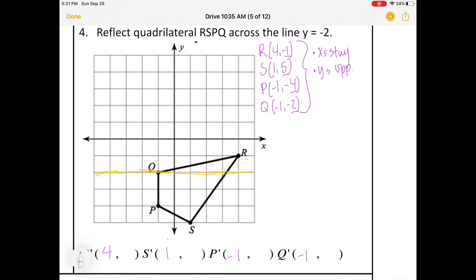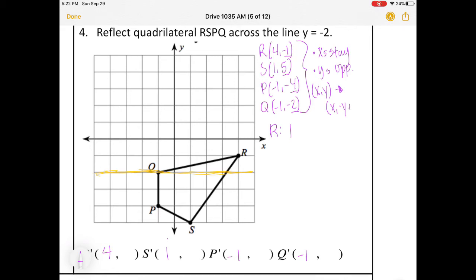Now we want to look at our y values, so here, here, here, and here. First we want to make them opposite. So if I'm solving for R, opposite of negative 1 is positive 1. And again with that mapping diagram like we did before, our originals are just x comma y. In this case x's stay, so I'll just write x because nothing's happening to it. For the y, it's opposite, so I make that negative y.